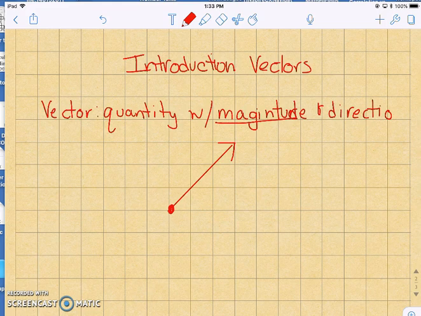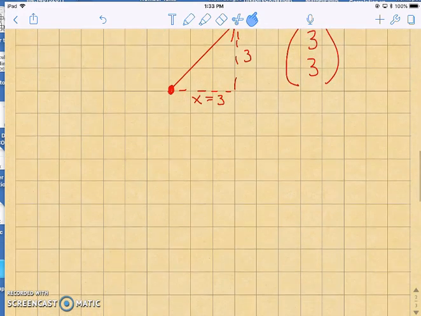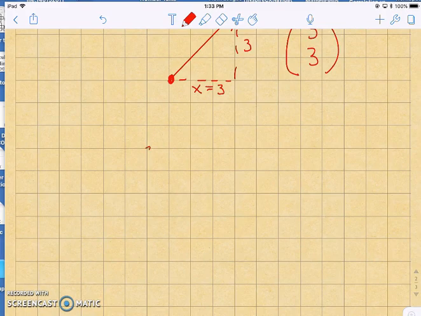So each vector has an x component and a y component. So this vector here, the x movement, it moves over 3 and goes up 3 for the y. So this vector would be written as <3, 3>. Another vector, let's say we start it here, and go down to here.